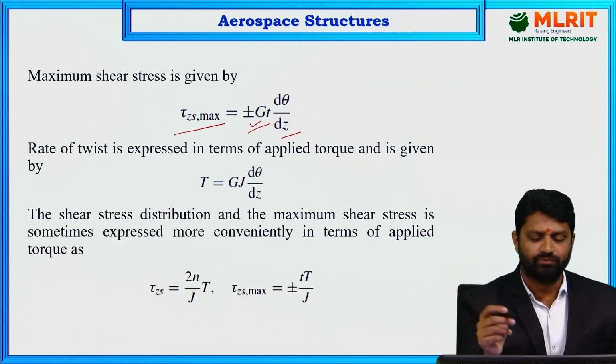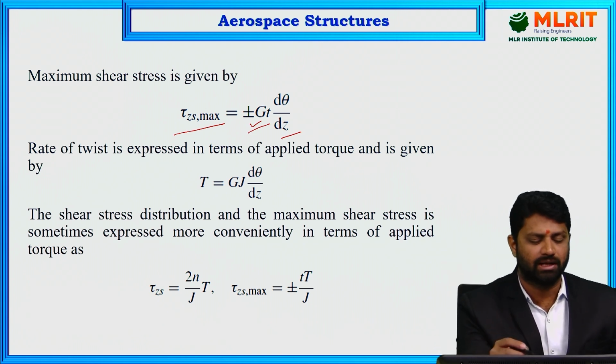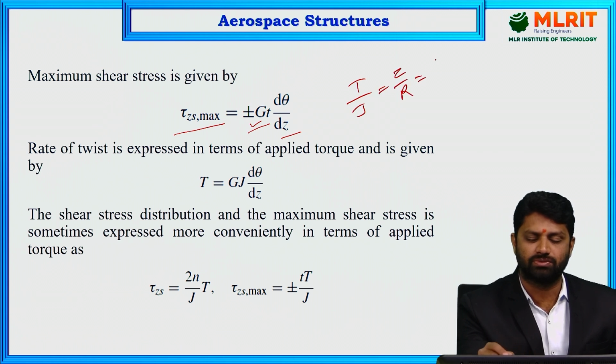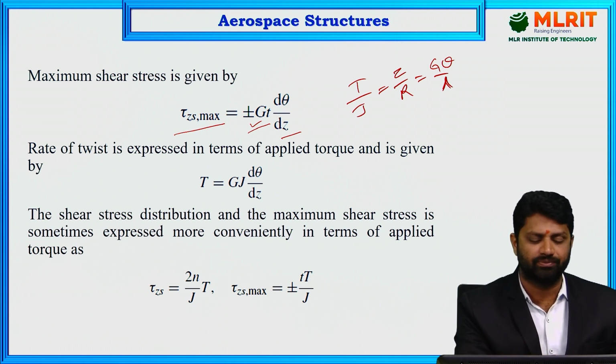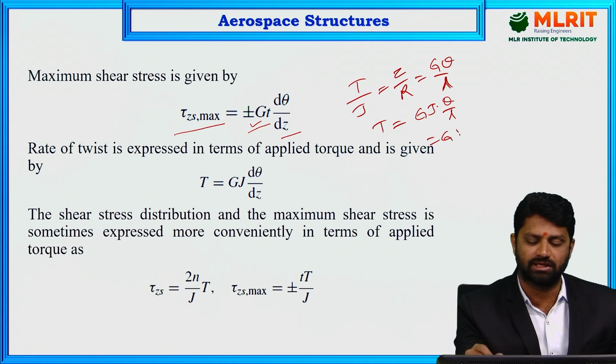Now we know from the torsion formula, T by J equals tau by R equals G theta by L. So from here we have the rate of twist, and you can write torque equals GJ into theta by L, where theta by L can be written as d theta by dz, that is twist per unit length.